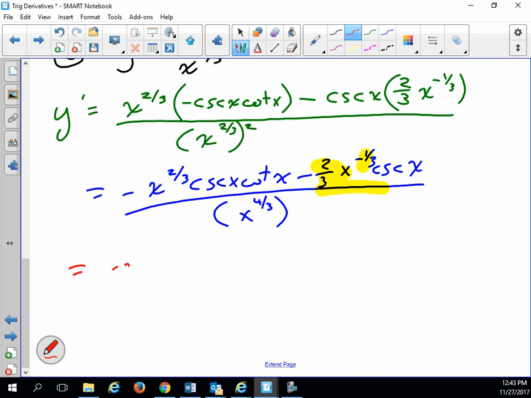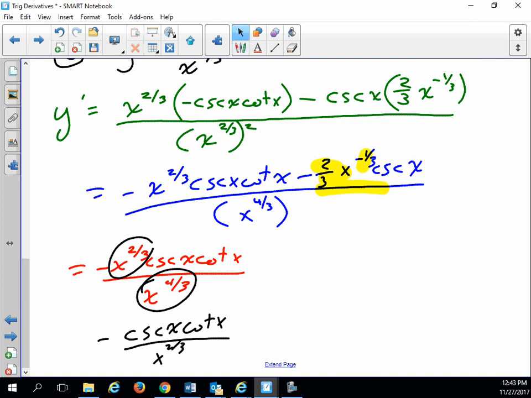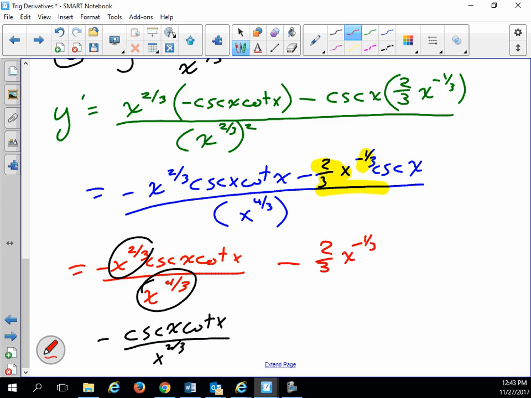The first thing is because the denominator is a single piece, I can split it and write it in 2 separate pieces. If you left it in blue, you would not get full credit because you have a fraction within a fraction. You can't do that. I can simplify these 2. That's going to give me negative cosecant x cotangent x over x to the 2/3 minus 2/3 x to the negative 1/3 over x to the 4/3.